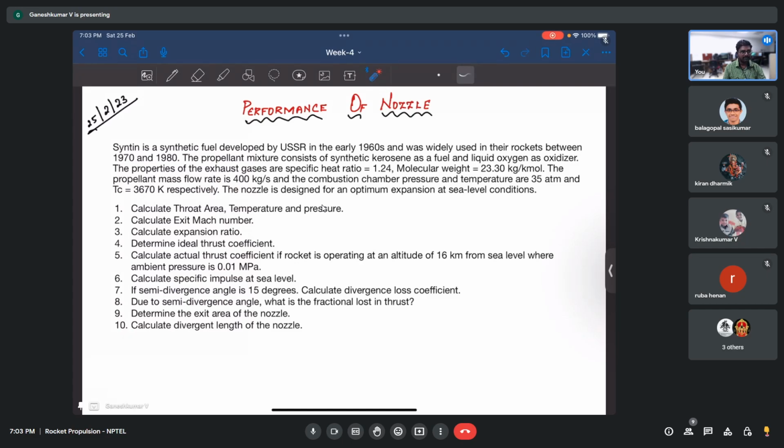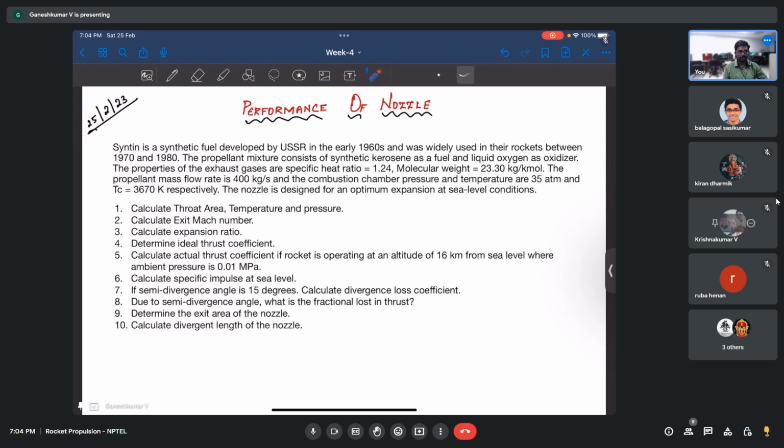Based on the divergence angles, there is going to be divergence loss and the thrust gets affected. Then there are separations, and the play of thrust coefficients and C star efficiencies. How do these things affect it? Based on that, we will solve this problem.